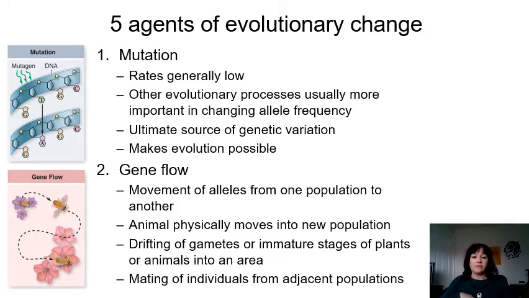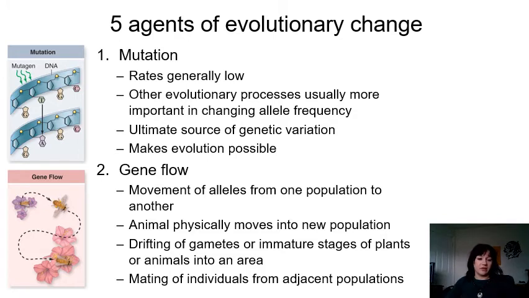Next, we have gene flow as an agent of evolutionary change. Say you have 2 different populations, and they're pretty different, and an individual from one population travels to the other and mates with an individual in that other population. Now it's bringing in some new alleles, some variety to that population, right?